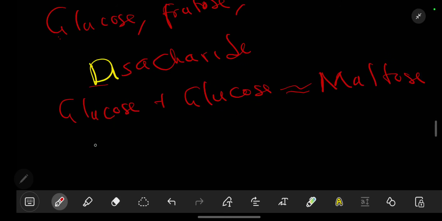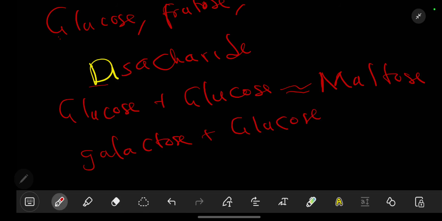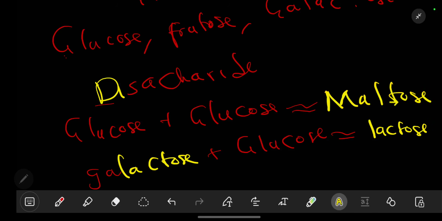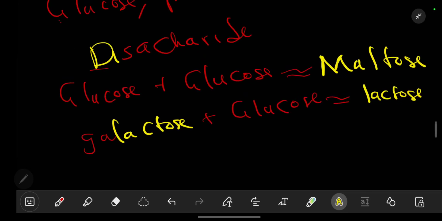Then if galactose combines with glucose, then what is formed is, just get the last letters from here, what we are going to call lactose, which is found mostly in substances such as milk. Then maltose is found in germinating seeds. So don't forget that lactose is in milk, maltose in germinating seeds.